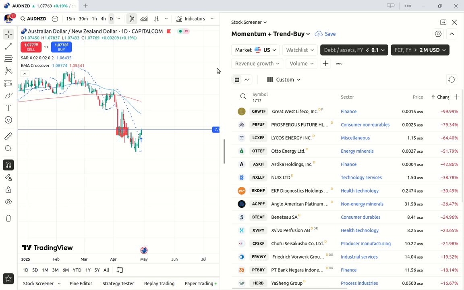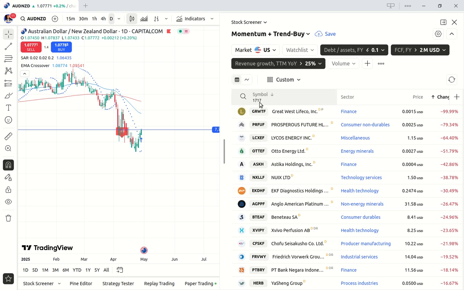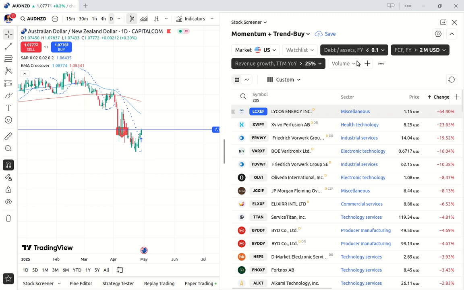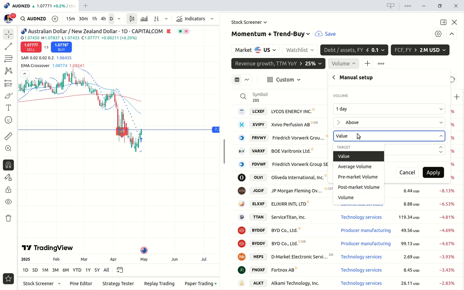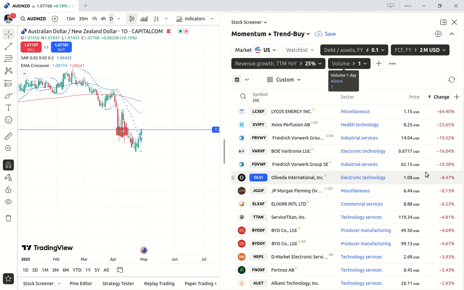I'm just guessing. Revenue growth, 25%. Volume, I think 1 million. Value, so maybe we'll say 1 million.